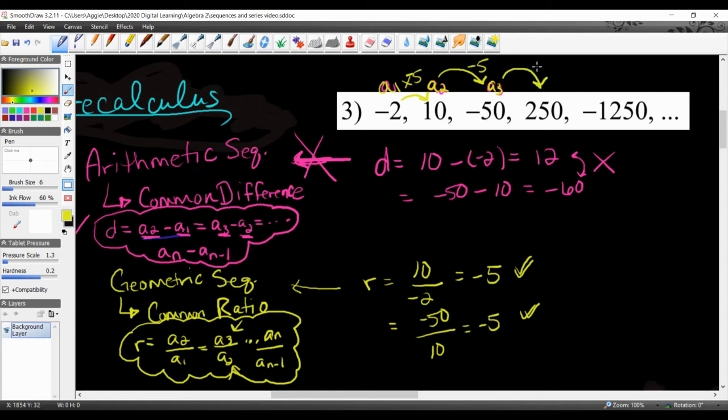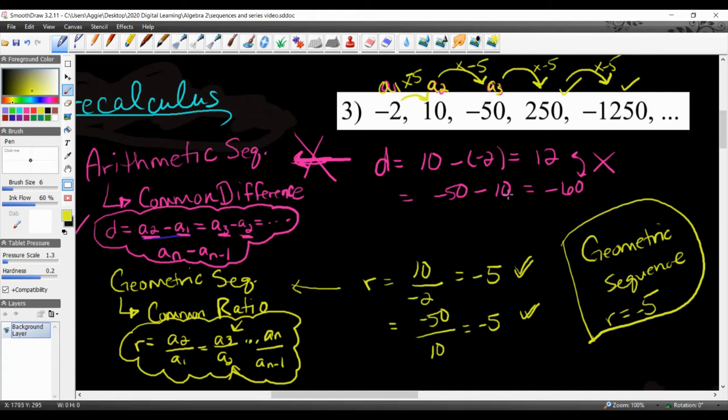Negative 50 times negative 5 is going to give us 250. And if we keep going, again, times negative 5, we get negative 1250. So it looks like this one is a geometric sequence, with a common ratio, R, of negative 5.